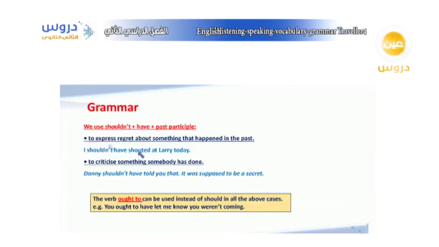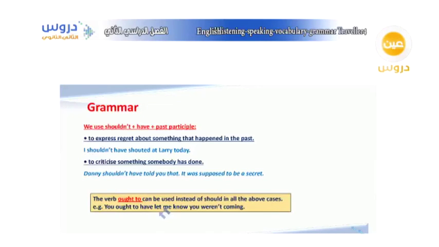Now we use should have with the past participle also to express regret about something that happened in the past. I shouldn't have shouted at Larry today. Or to criticize something somebody has done: Danny should not have told you that. It was supposed to be a secret. The only difference here is that, like should, we use ought to, and it can be used instead of should in all the above cases.